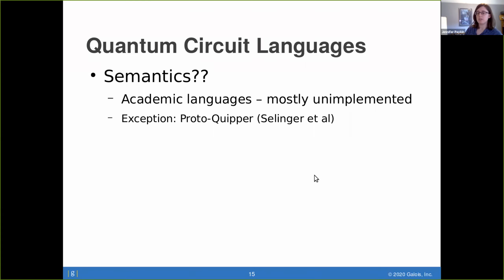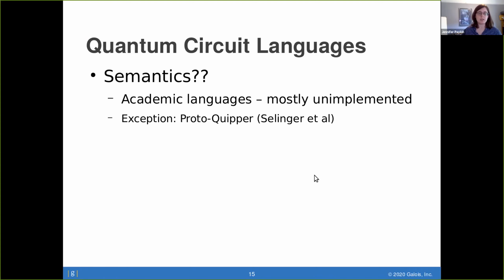These languages are quite complex, and they have a lot of features, and those features are really good for expressivity, and they are what make up a language. But often it might not be clear what the semantics is, essentially.